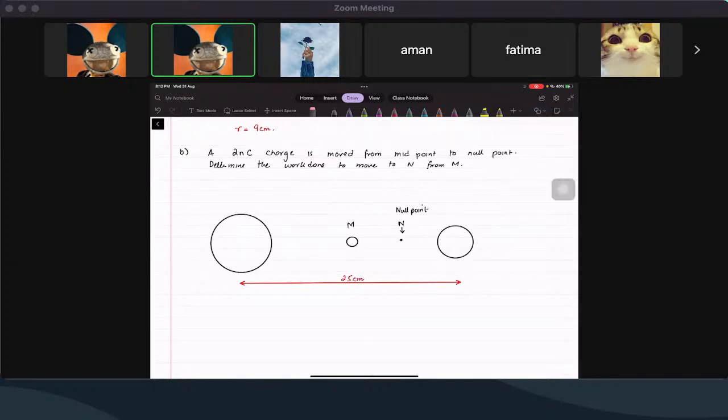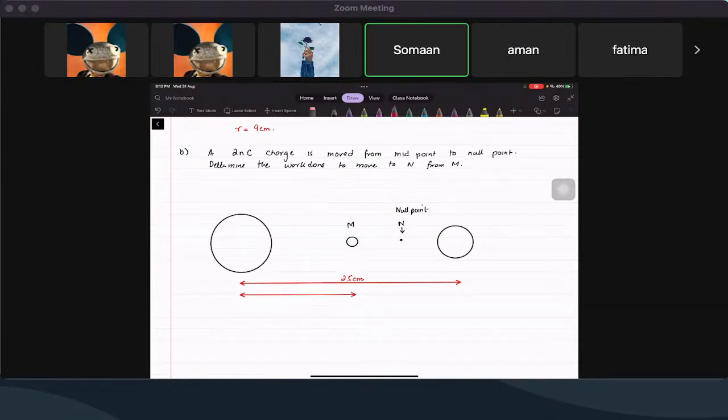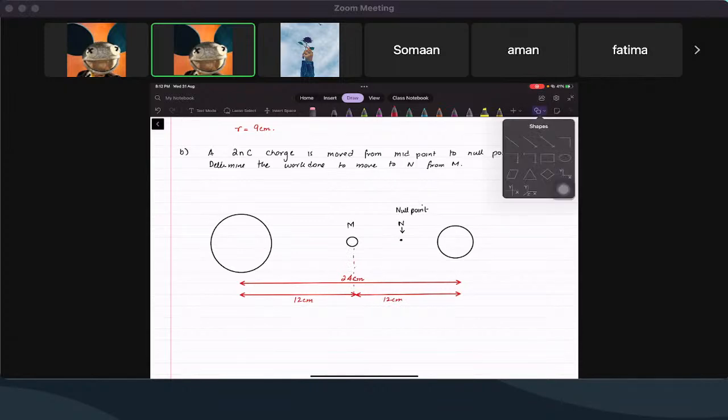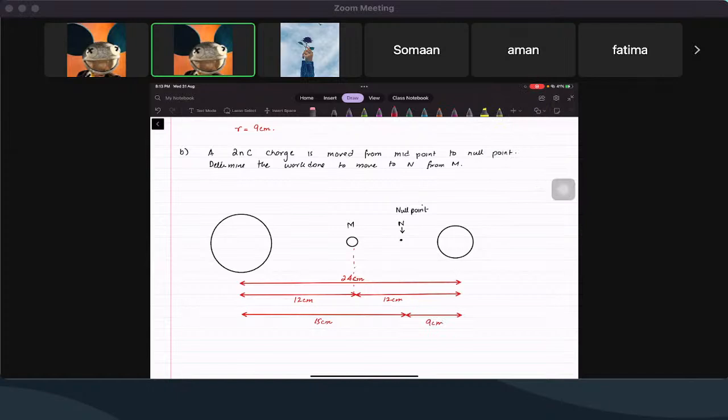Then from this to the middle, this is 12, then from the middle, right here, and the null point from here was 15, and from here to here it was just 9 centimeter. We did it in the previous part.